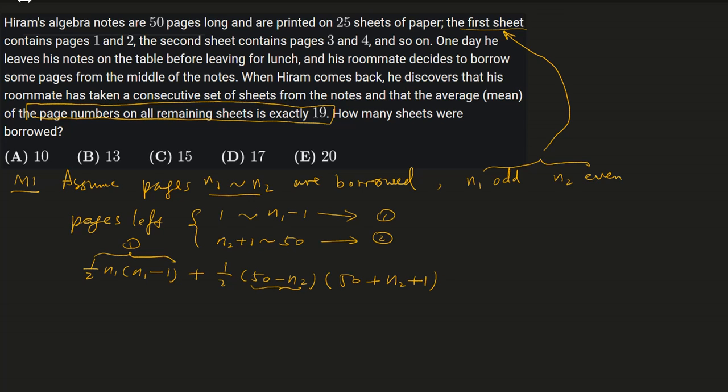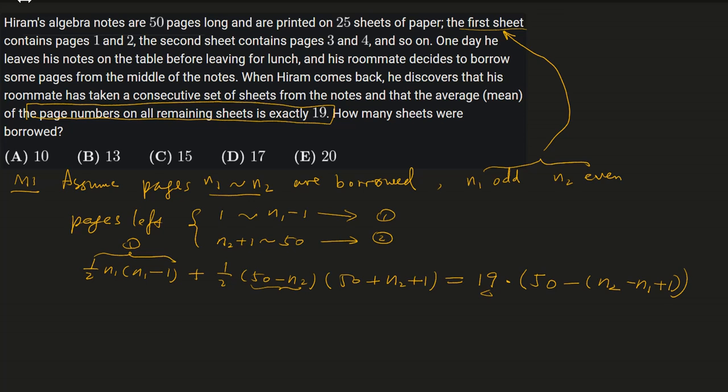And this shall equal 19 times, and this 19 is from the average, 19 times the number of pages, 50 minus N2 minus N1 plus 1.